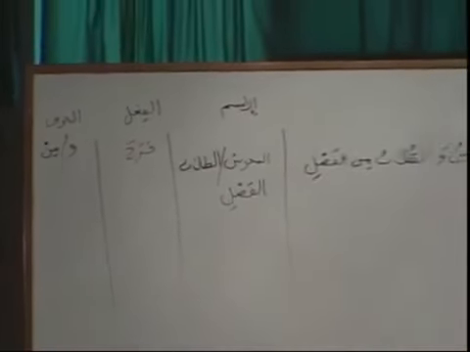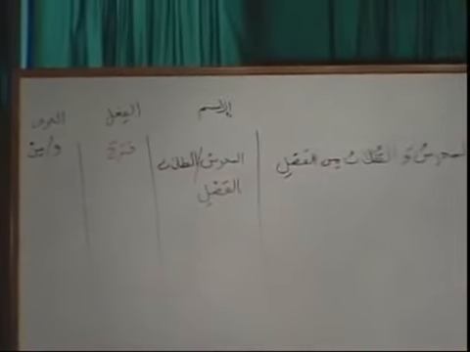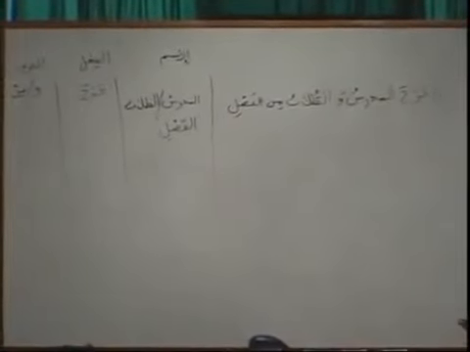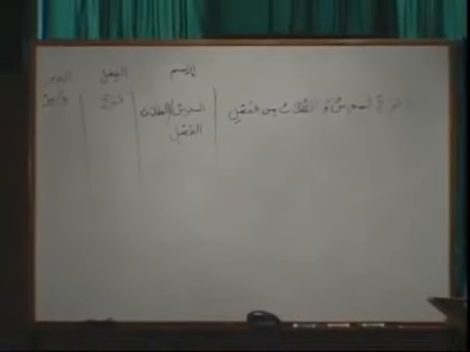It's very easy. Now this also gives you a little idea about the division of these 3 categories: ism, fi'l, and harf. Remember, in English we have 8 parts of speech, but in Arabic they are generalized as 3.